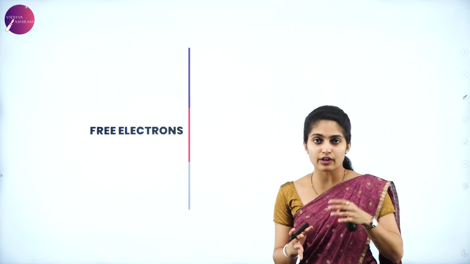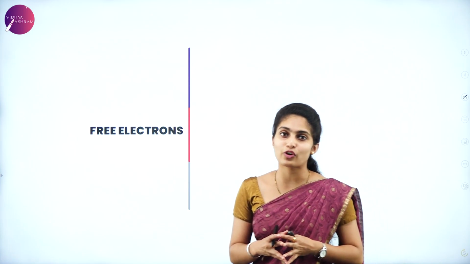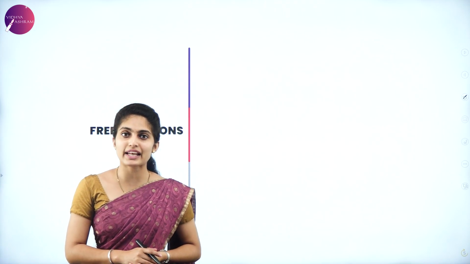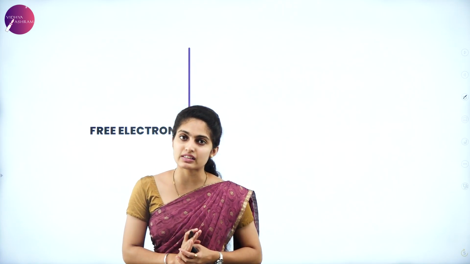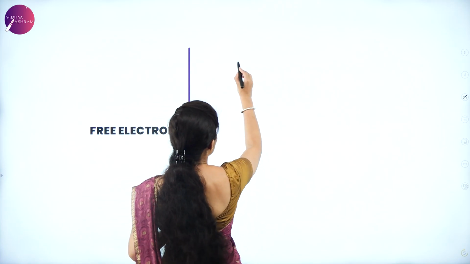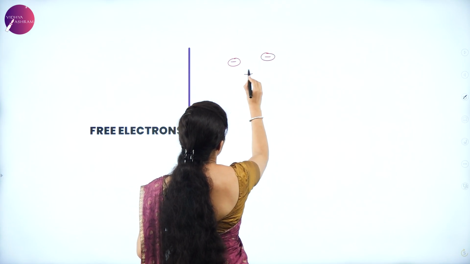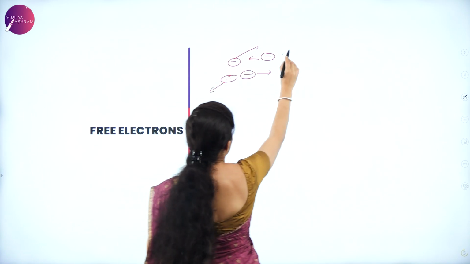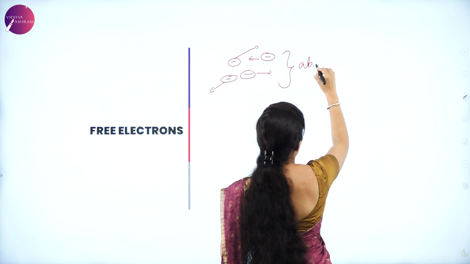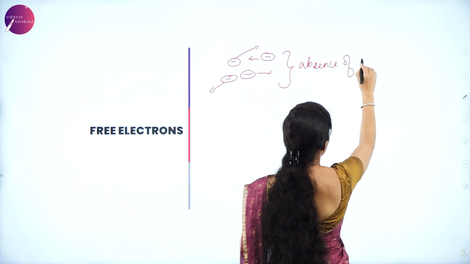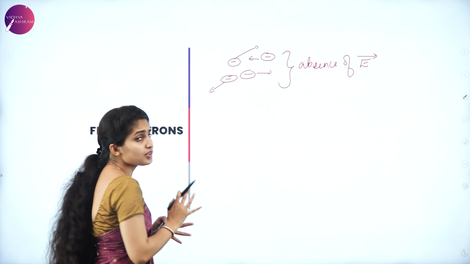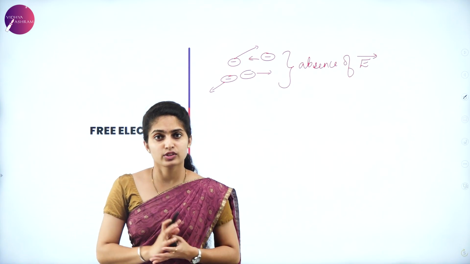The free electrons are free to move only during the absence of an electric field. When the field is applied, that is when the circuit is connected to the terminals of the battery, what happens to the free electrons? They tend to move in a single direction. Suppose these negative charges are randomly moving in each and every position; this happens in the absence of an electric field, when the circuit is not connected to any source.